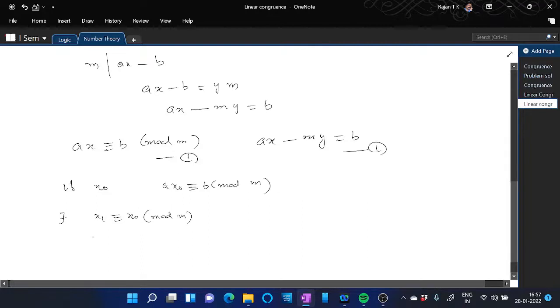Then we can see that Ax1 is congruent to Ax0 modulo M, by using some of the properties of the congruence relation.